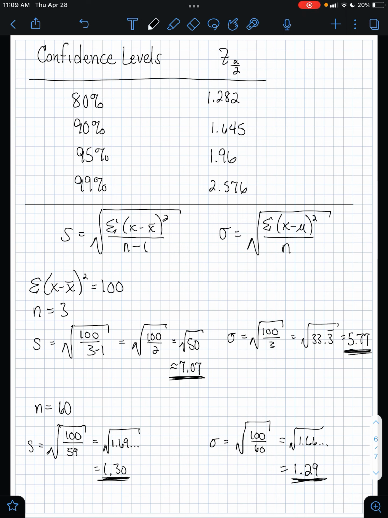Dividing by 2 versus dividing by 3 actually makes a noticeable difference. But if you're already dividing among a large number of things, like 59 or 60, then that difference causes the division to produce roughly the same number, and then the square root of that is going to be even closer.